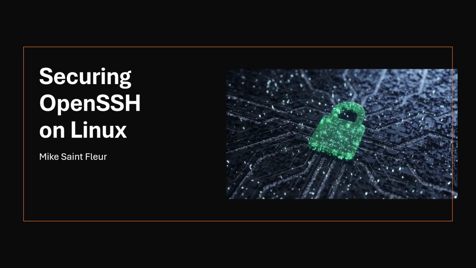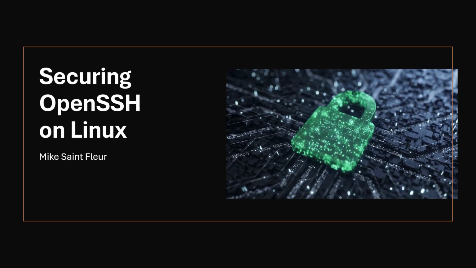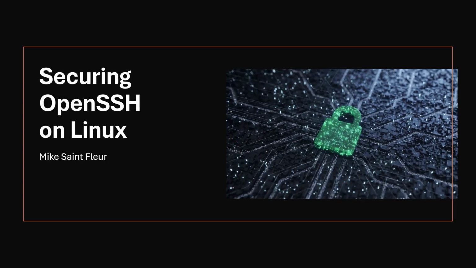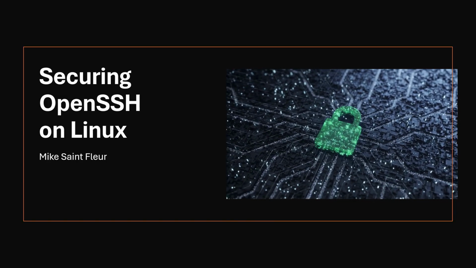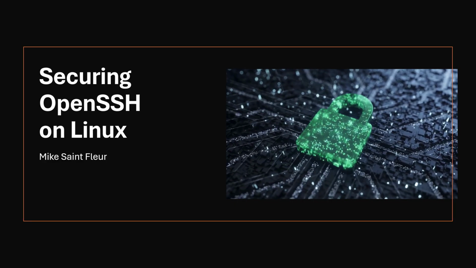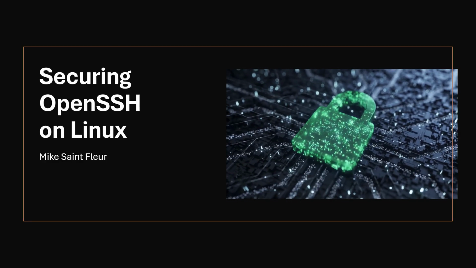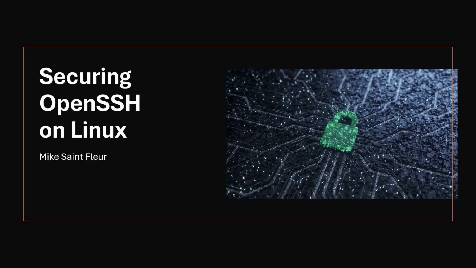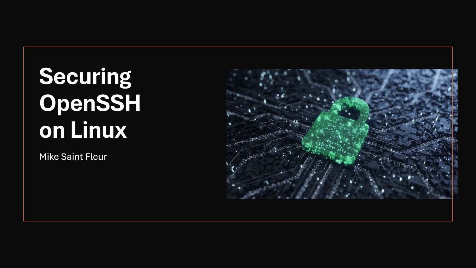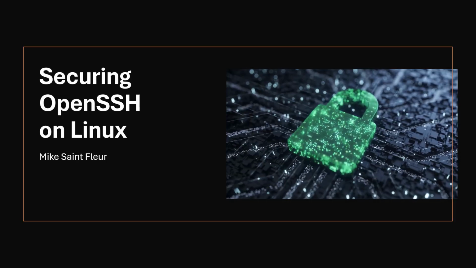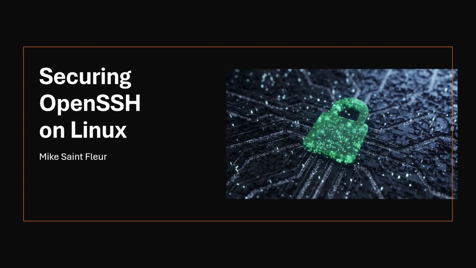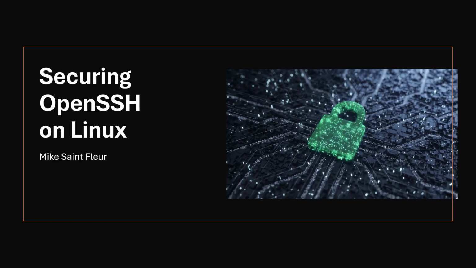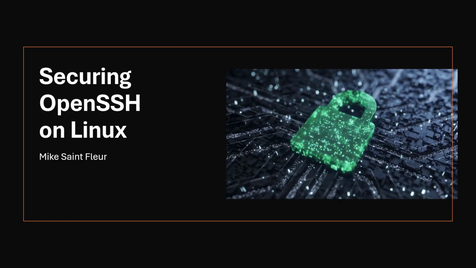Hello everyone. Today I present how to secure OpenSSH on Linux, one of the most widely used secure remote access protocols. I discuss the OpenSSH implementation, its default risk, and three critical hardening techniques supported by both security frameworks and current research.